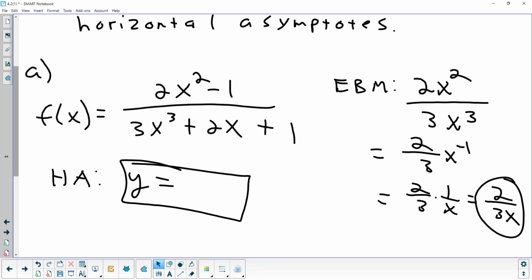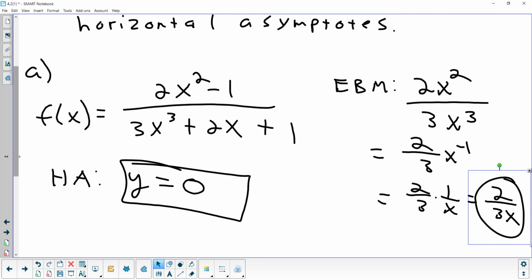But it's y equals. And now, remember, to find the horizontal asymptote, look at what happens in the EBM as x approaches infinity, or negative infinity. So what happens to my EBM as you plug in a bigger and bigger number for x? Yep. It gets smaller. And what does it approach? 0. It approaches 0. If x was 1,000,000, you would have 2 divided by 3 million. A very small number.